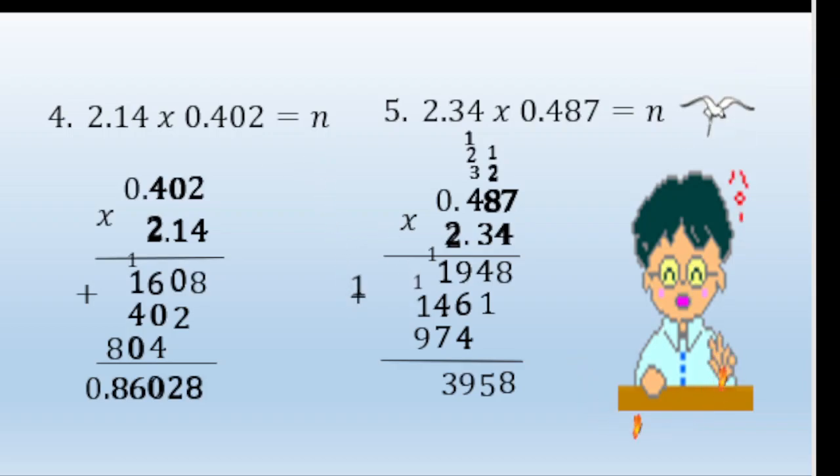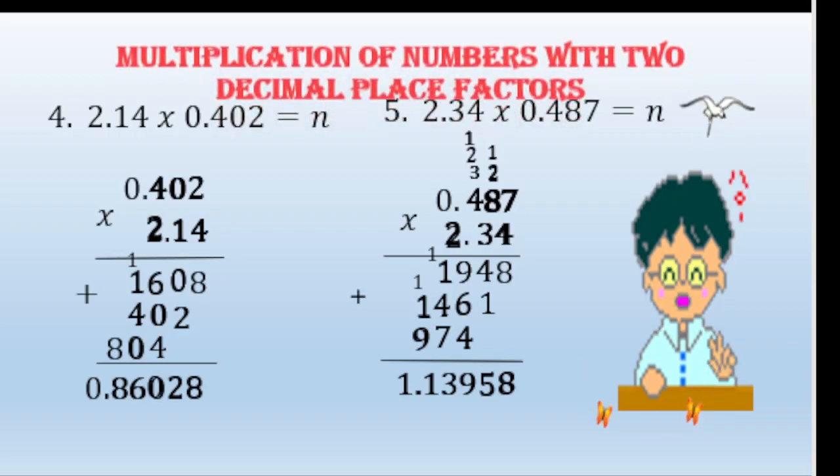Plus 1 is 2. Plus 9 is 11. Okay, so there are 5 decimal places. So therefore, the decimal point is between the 1 and the 3. So your answer is 1 and 13,958 thousandths. Okay, more examples.